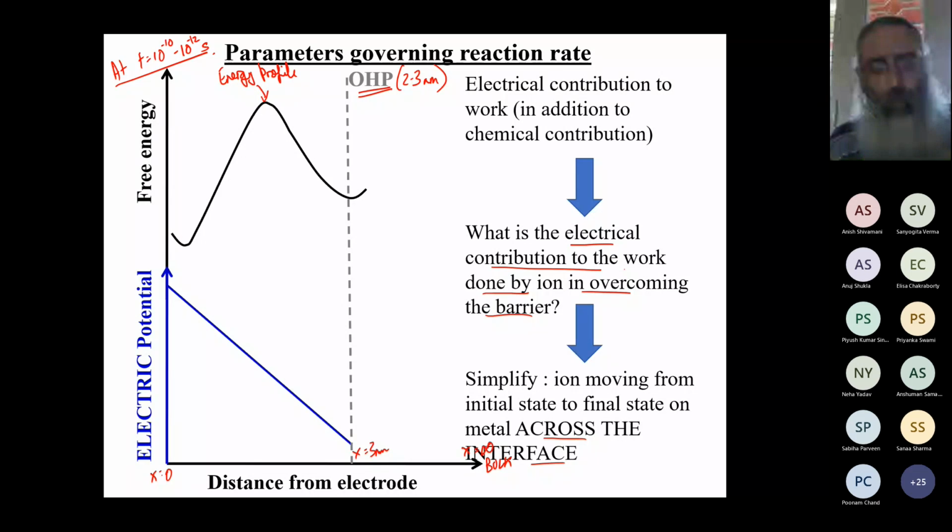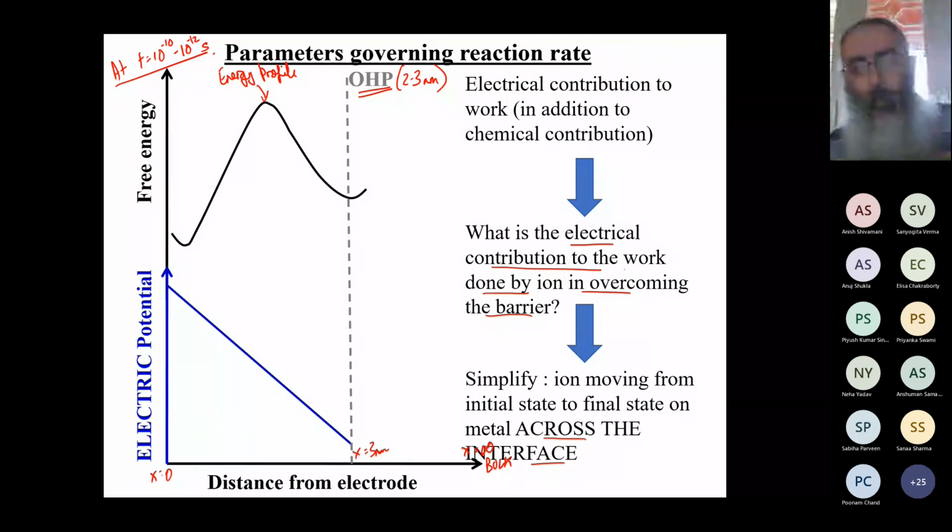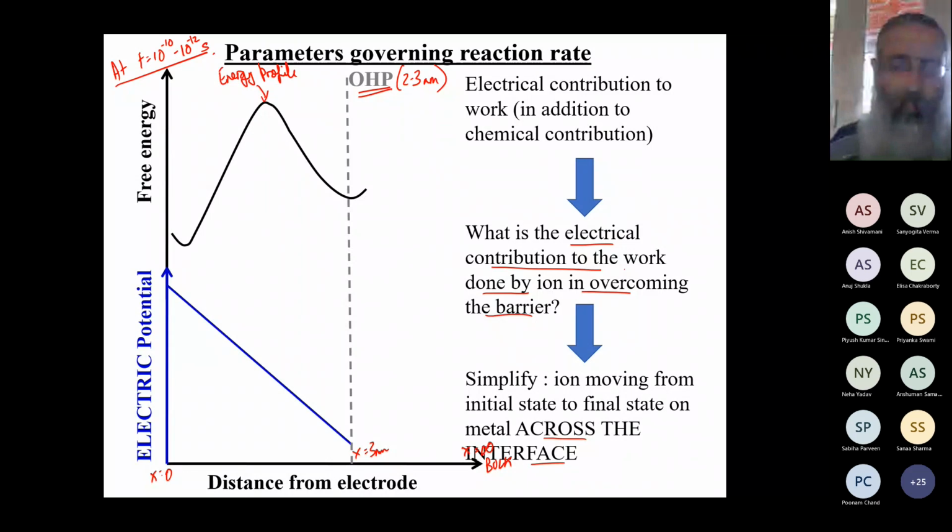A plus gets reduced and becomes a part of the metal. It is now an atom sitting on the electrode metal surface. Okay, so for that to happen, you have an energy profile, and in the same spatial domain, you now have an electric potential also playing its role.